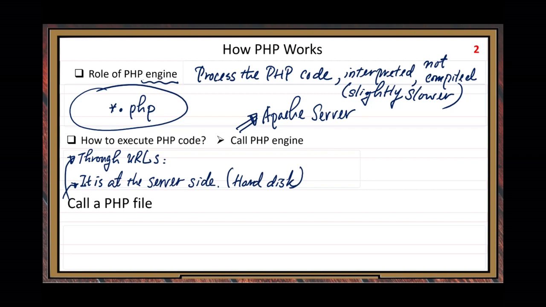Let me give you the basic format. The URL will start with HTTPS, because most people now use the secure version, then www, then the domain name. Here, let me just use my domain, .com, on the server side.